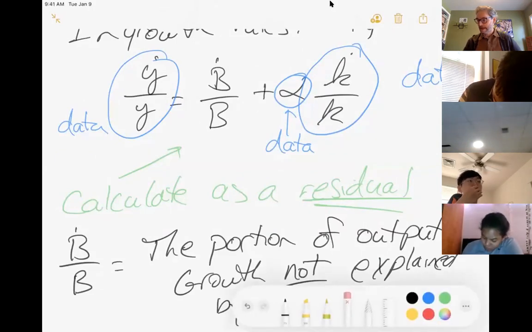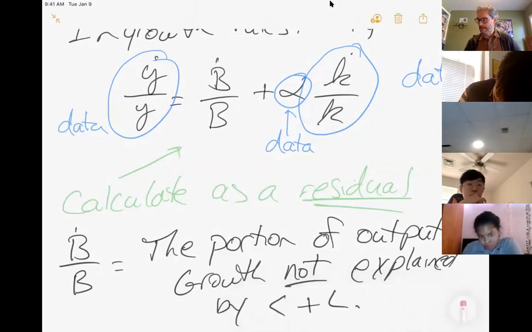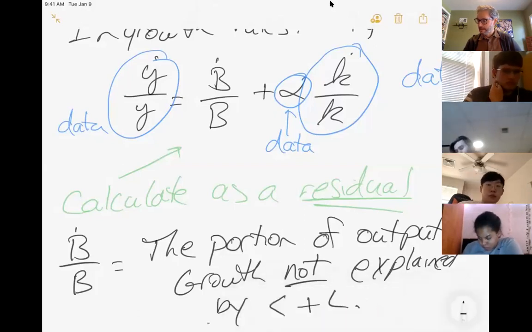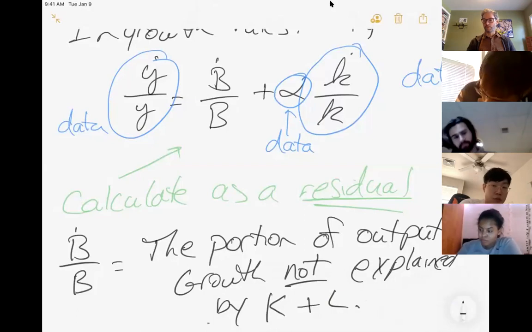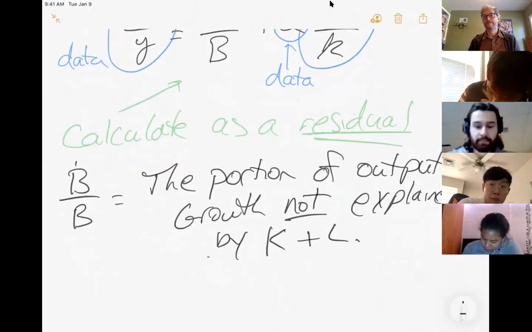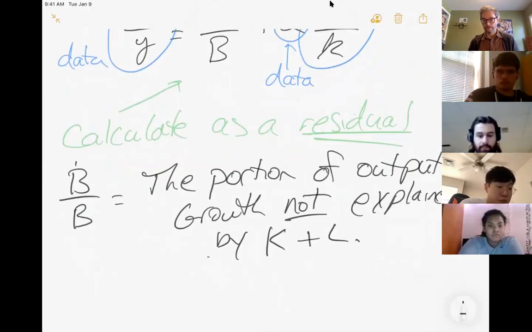So as we're going to talk about, understanding this is really important to understanding what the Solow residual can and cannot tell us. It's really saying, what part of growth can't we explain? That's what we're going to call total factor productivity.